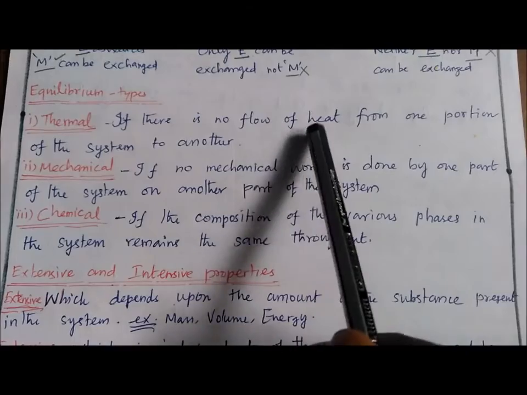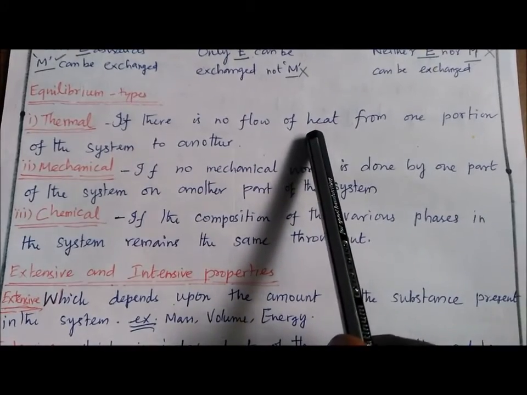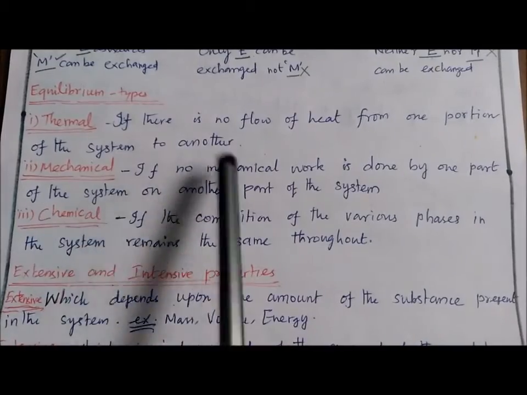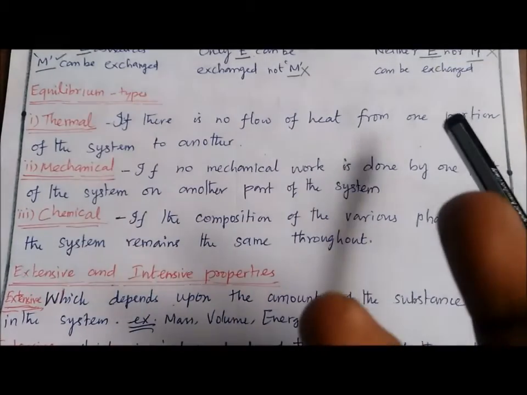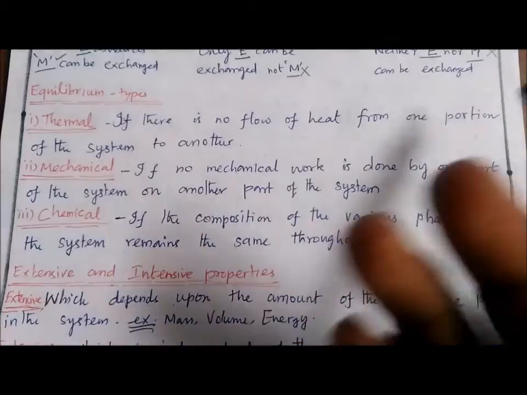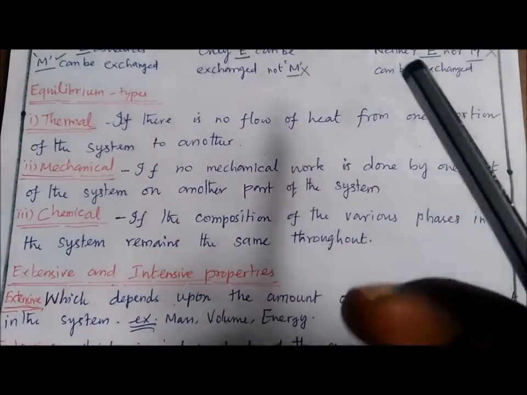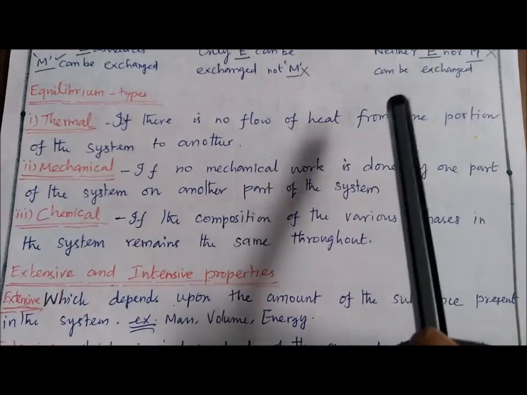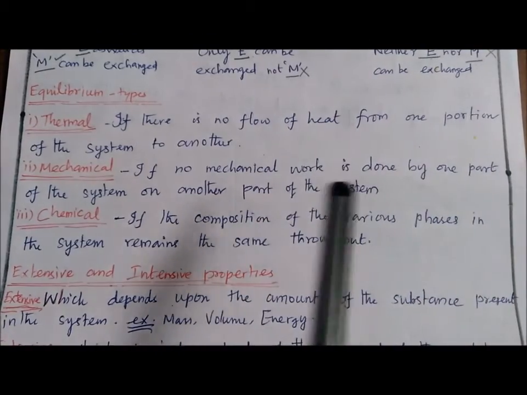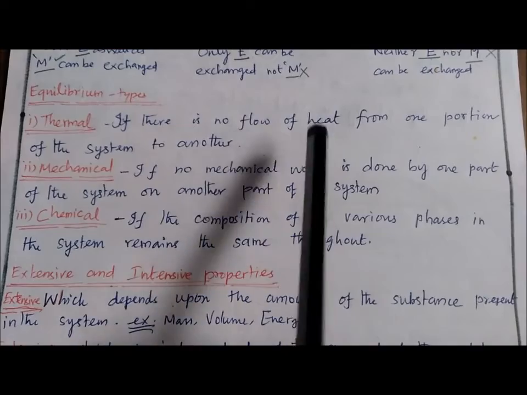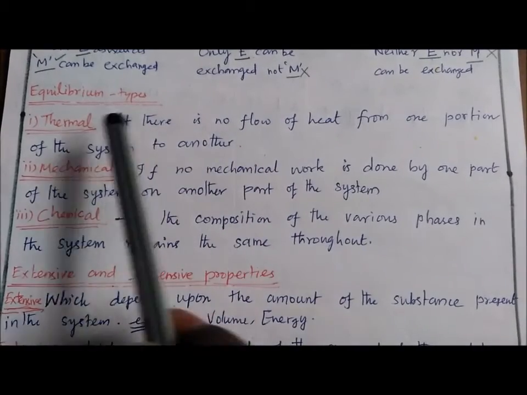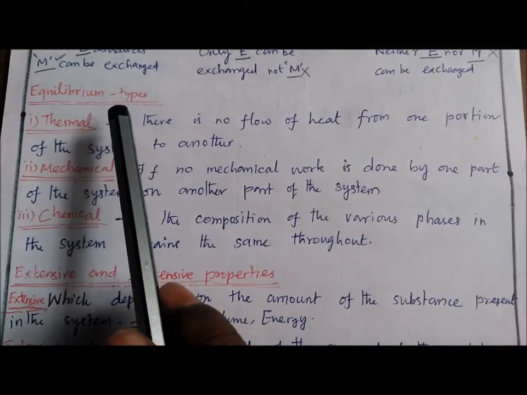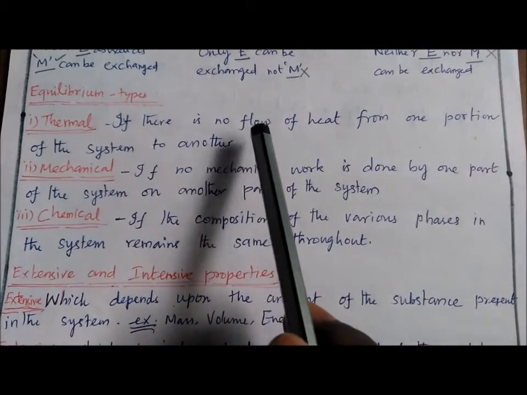No flow of heat is possible if the temperature of all the portions of the system is the same, then there is no need for flow of heat. But if there is no uniformity, then heat will flow here and there. So thermal equilibrium is possible only if the temperature remains the same throughout all the parts of the system.